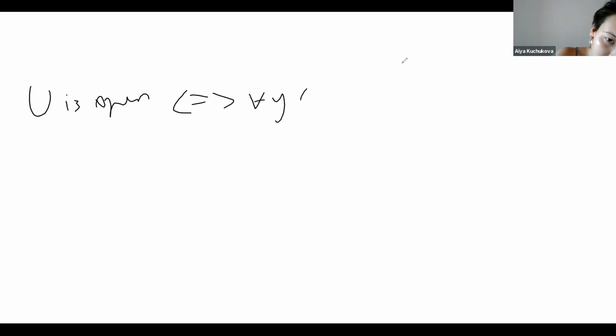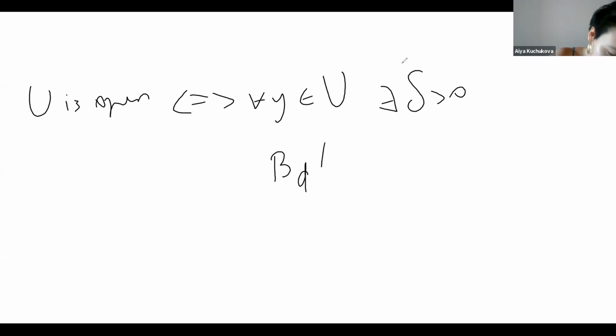And so a set U is open in the metric topology induced by d, if and only if for each y in U, there exists some delta bigger than 0, such that B(y, delta) is in U.